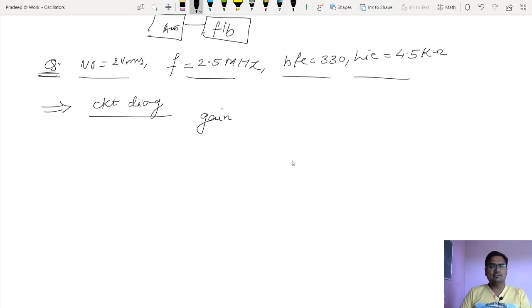In semester 1, we designed a voltage amplifier with reference to gain. So if someone wants to follow the same process as in the last semester, he says that he wants to design the amplifier with gain.